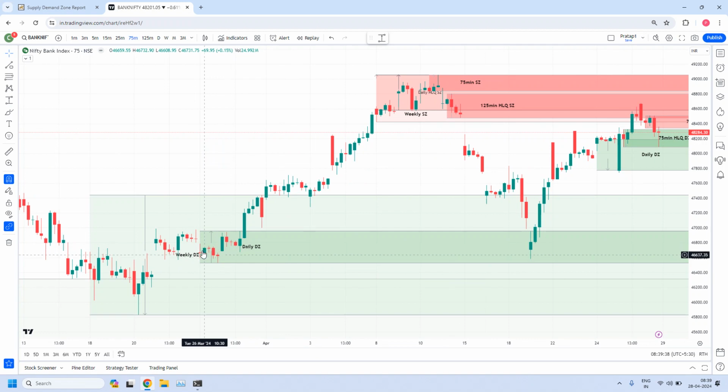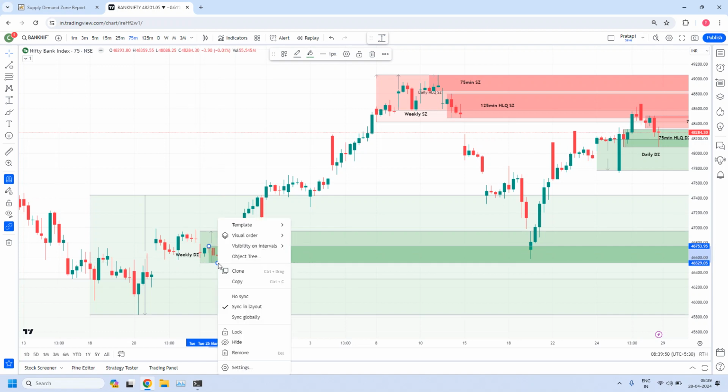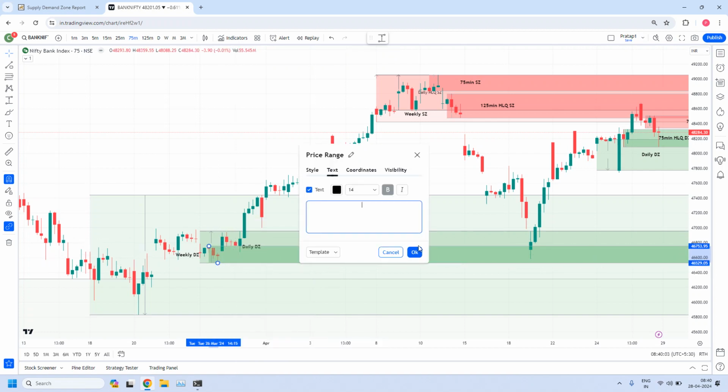So we have a drop candle, the hidden body, 4 base candles, rally with a gap. So inside this daily zone, we have a high liquidity 75-minute zone. So 75 minutes high liquidity demand zone.